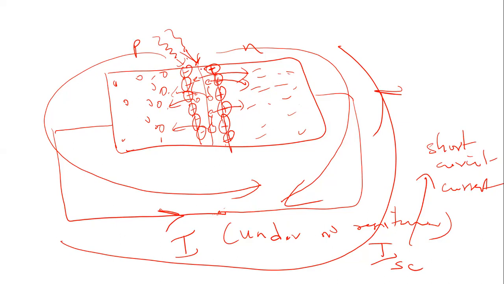In addition to that, under light illumination, you are adding extra electrons on the n side and extra holes on the p side. So your p-n junction cell will now behave like a battery, with a large number of positive charges at one end and a large number of negative charges at the other end.